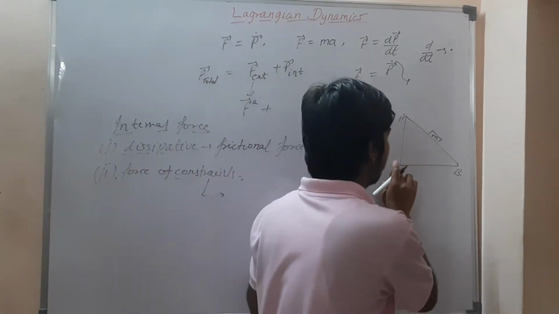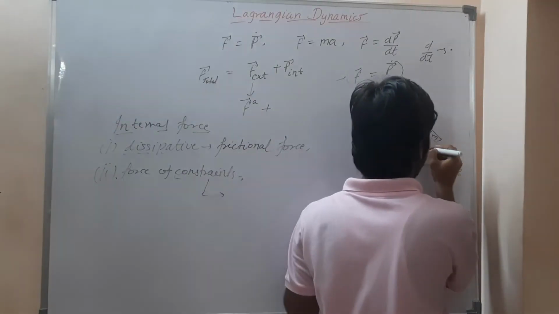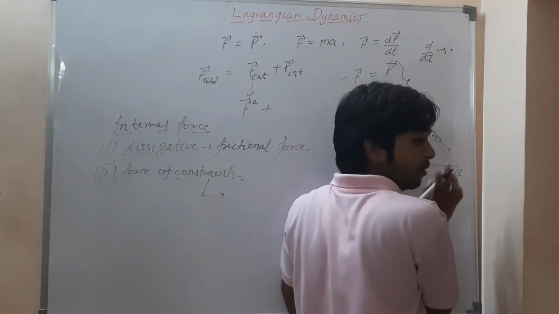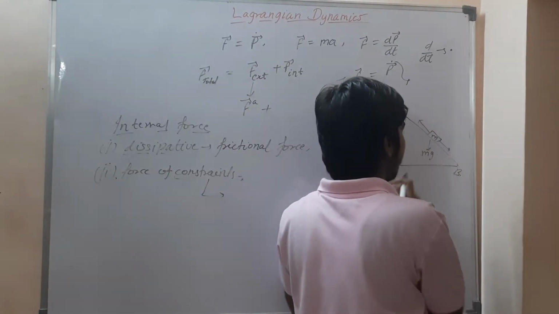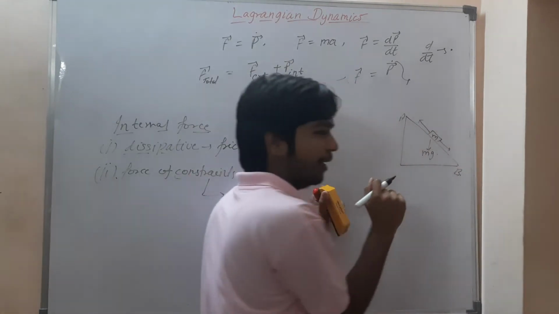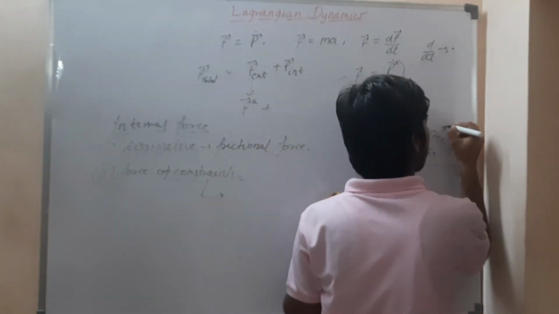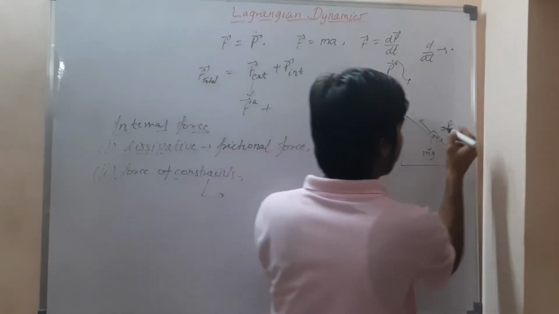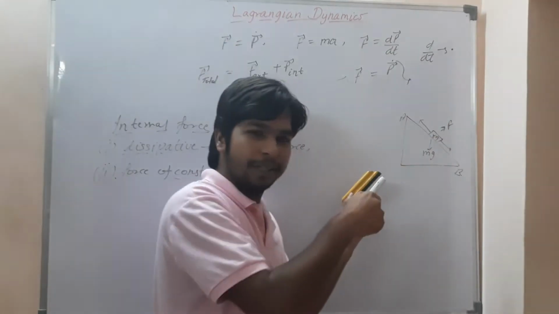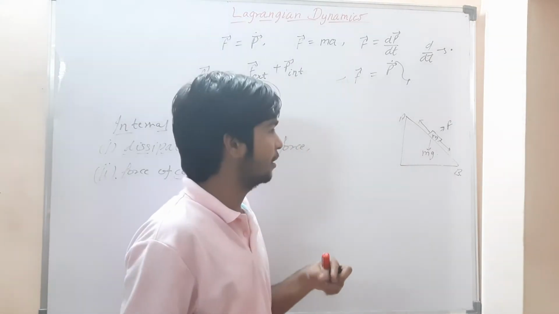The constraint is that this mass m is movable in the AB plane only. It can't go down. It is free to move in this direction, but it can't come out downward. So the AB plane is restricting the mass m, and the force which restricts it from going inside is called the force of constraint.